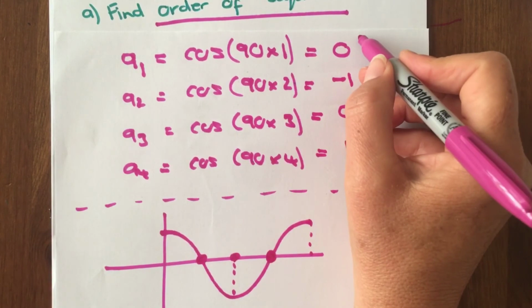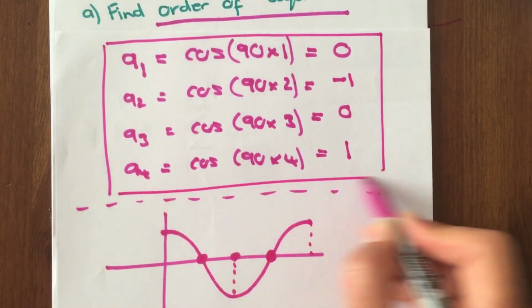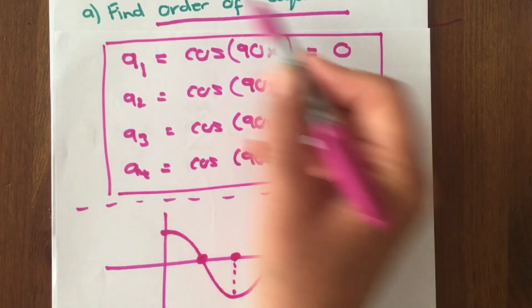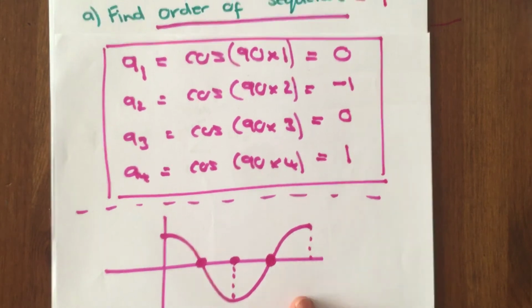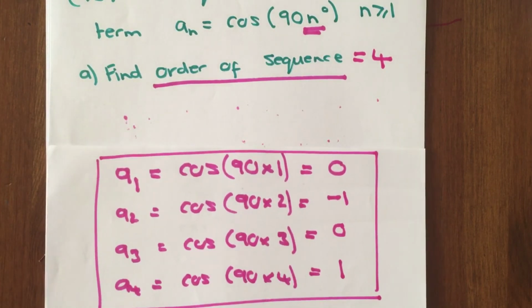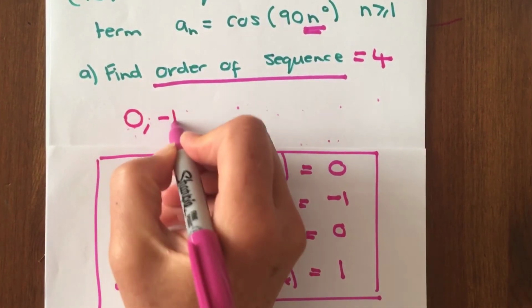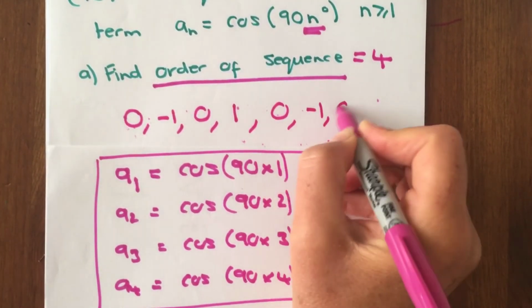So I can see that after every 4 terms it's going to repeat. So the order of this sequence will be 4. Okay, next, I'm just going to write down that sequence here: 0, minus 1, 0, 1, 0, minus 1, 0, 1.